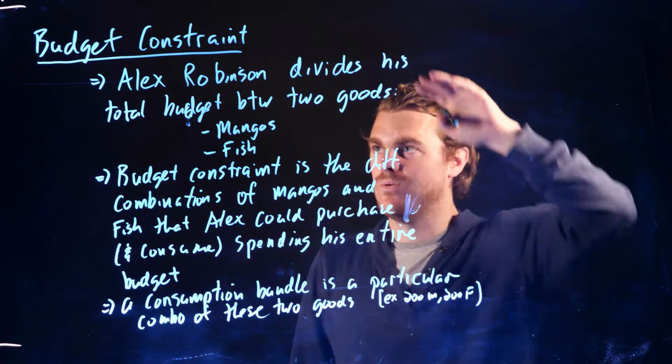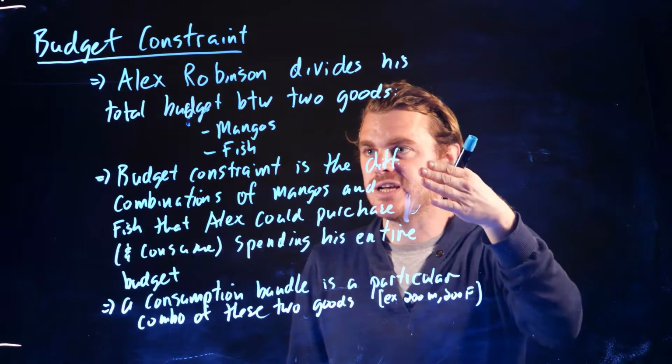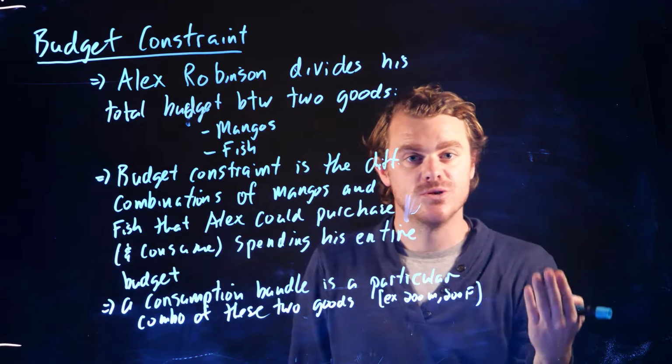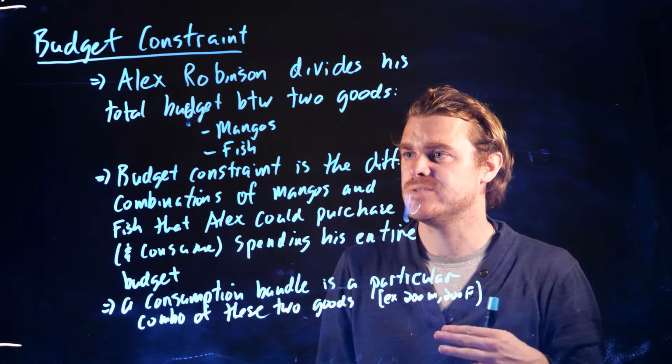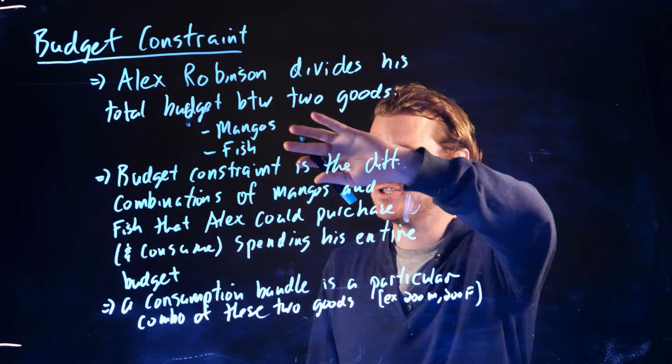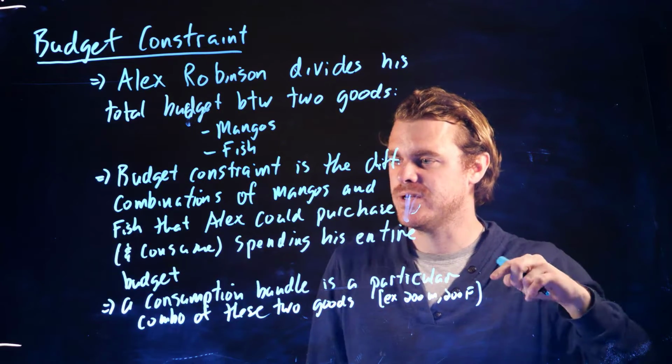All right, so we're going to graphically represent the budget through this budget constraint. We're assuming there's just two goods that the consumer is choosing between, just like we were at the beginning of this module. Here they're mangoes and fish, as opposed to pizza and soda or whatever we were looking at before.